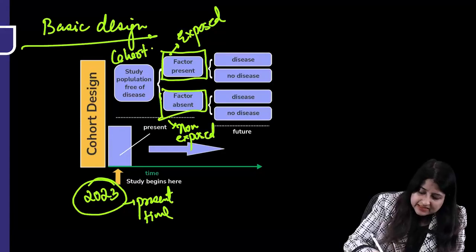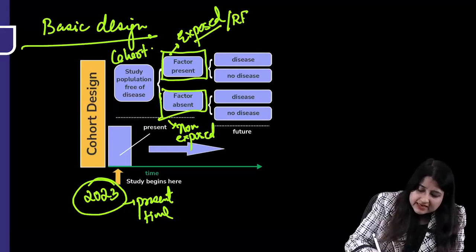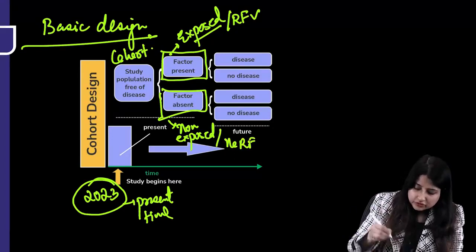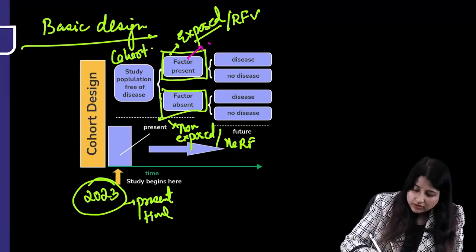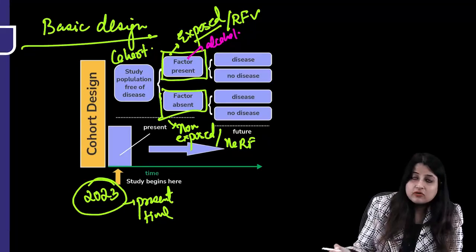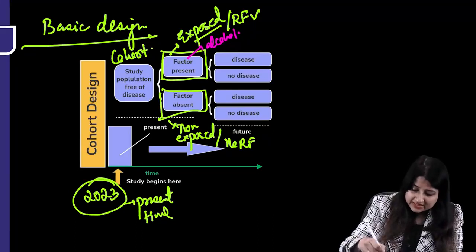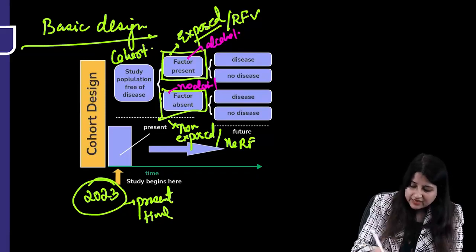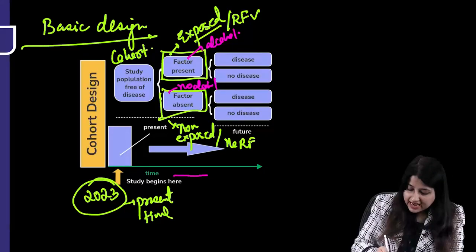Factor present means exposed, risk factor present; no risk factor means non-exposed. Let's say we were studying alcohol. We have asked them about their alcohol consumption. So factor present, alcohol; factor absent, no alcohol. Then look at the arrow, it is going forward.